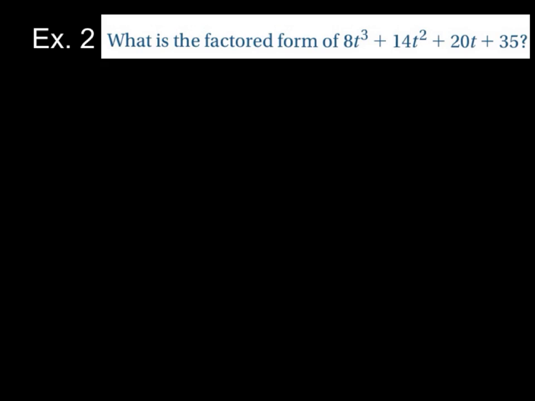So if we look at another example here, we've got 8t cubed plus 14t squared plus 20t plus 35. If we look at the first two as a group and the last two as a group, what do 8t cubed and 14t squared have in common? We're able to factor out a 2t squared from each of those terms. And that would leave a 4t and a plus 7.